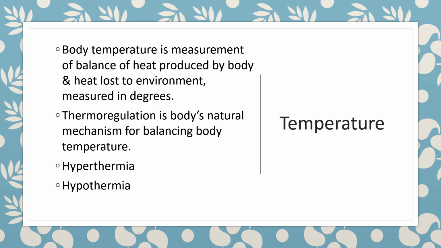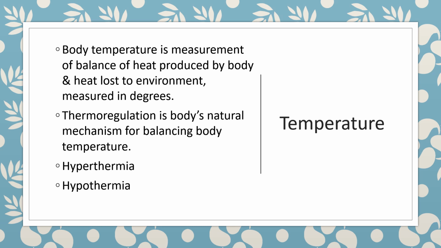Hyperthermia is an extreme temperature increase that is due to the inability to stop the heat production or stimulate heat loss. This can be a crisis and due to the inability of the hypothalamus to maintain the regulation of body heat.